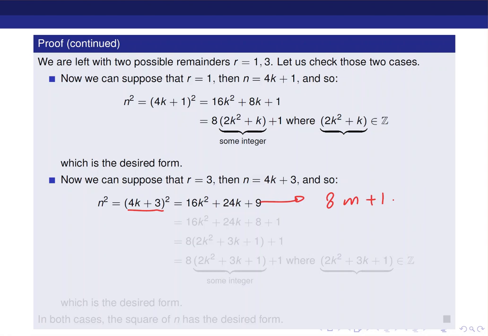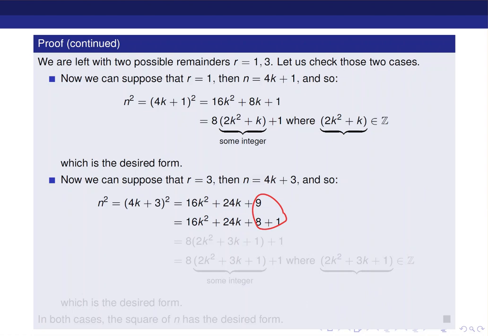So what I want to do is break the numbers down into multiples of 8 if possible. 16 is already a multiple of 8, 24 is already a multiple of 8, but 9 is not a multiple of 8. So I have to break the 9 up into 8 plus 1. So that's what I did on this line.